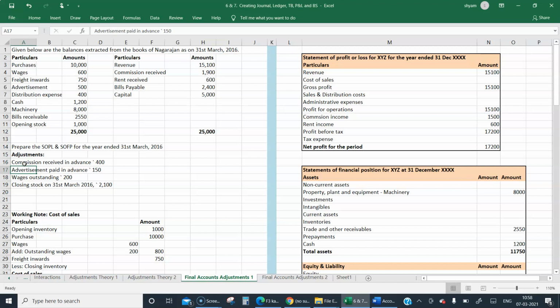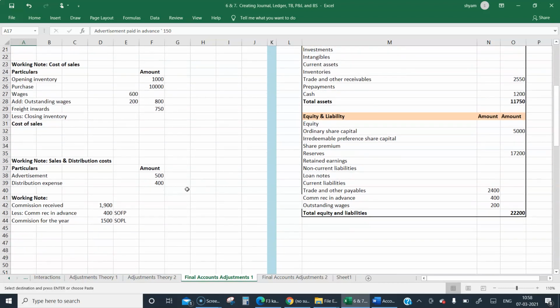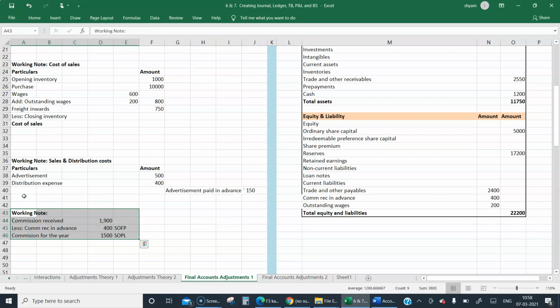Advertisement paid in advance is 150, so that we have not shown. Okay, so again for that we should have an adjustment, so we'll have it here.